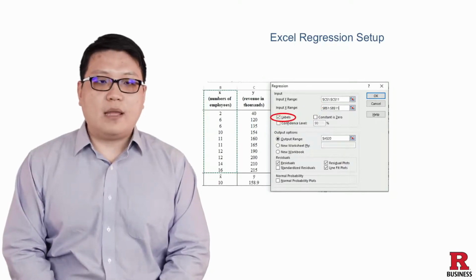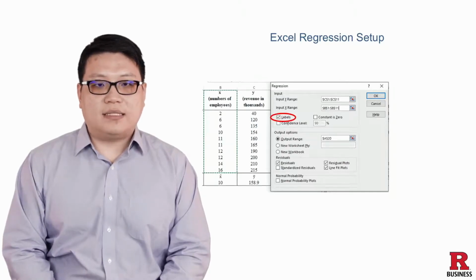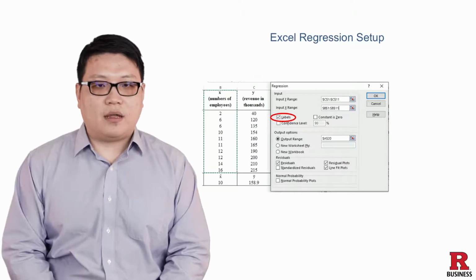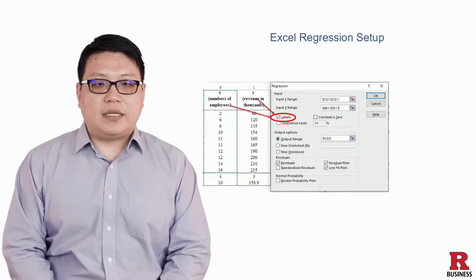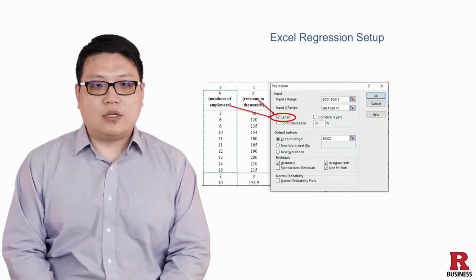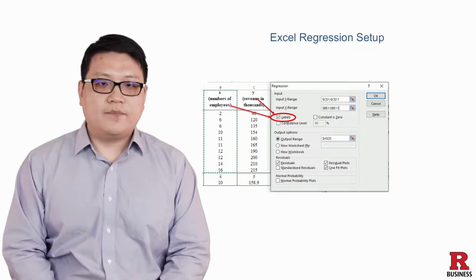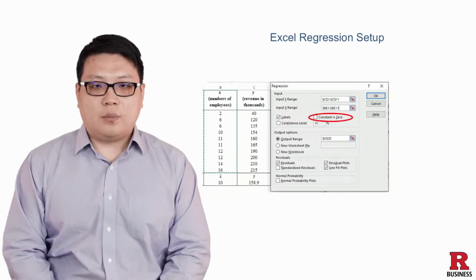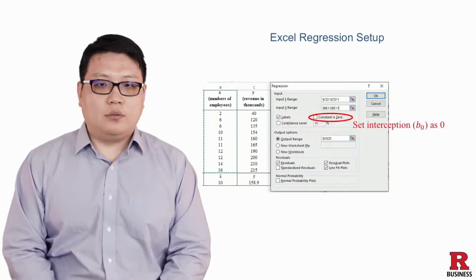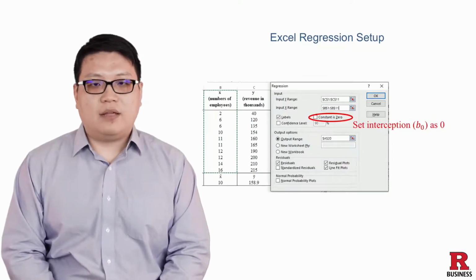The Labels option means that if you have a name for the variable, you check that. If the data starts directly without any name, you can uncheck it. In this case, we have names for both variables, so we check it. Constant is Zero means do we want to set the intercept B0 as 0.